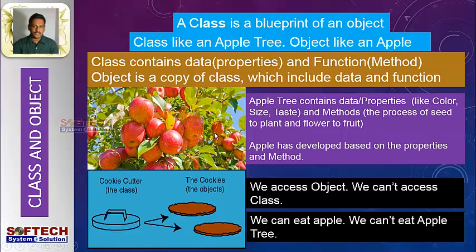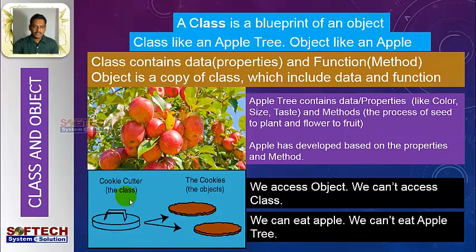So the apple is an object. A class contains data, also called properties, and functions, which are methods. An object is a copy of the class, which includes data and functions. Based on that class, the copy is created as an object, and by using the object we access and utilize the functions and data.